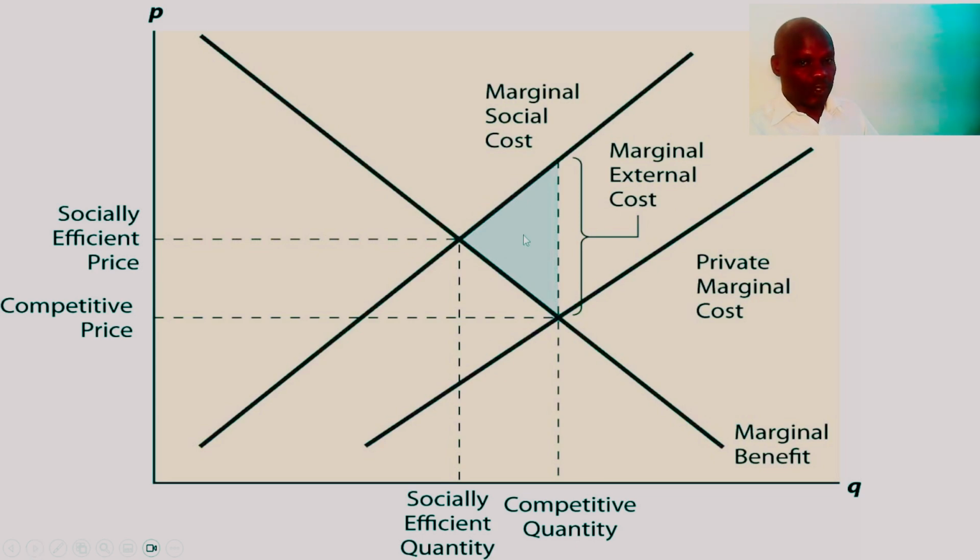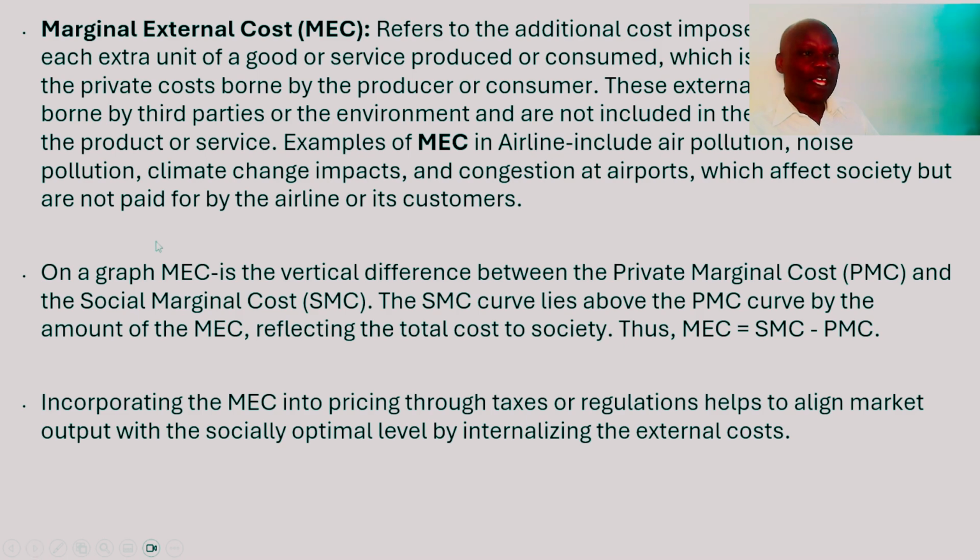This is the marginal cost we are referring to, and it refers to the additional costs imposed on society for each extra unit of a good or service produced or consumed, which is not reflected in the private costs borne by the producer or consumer.